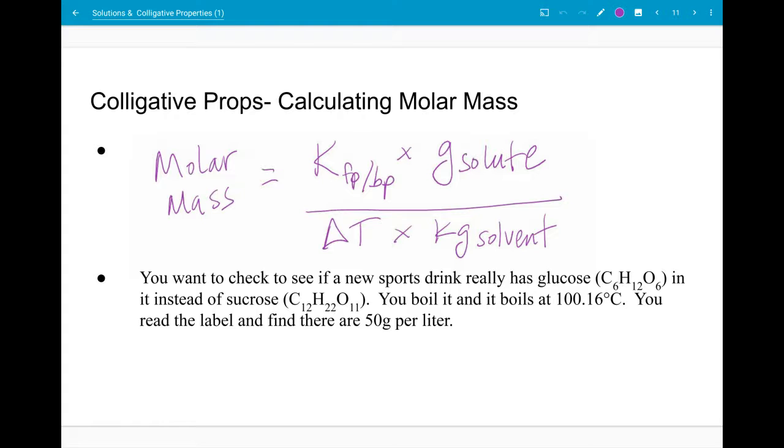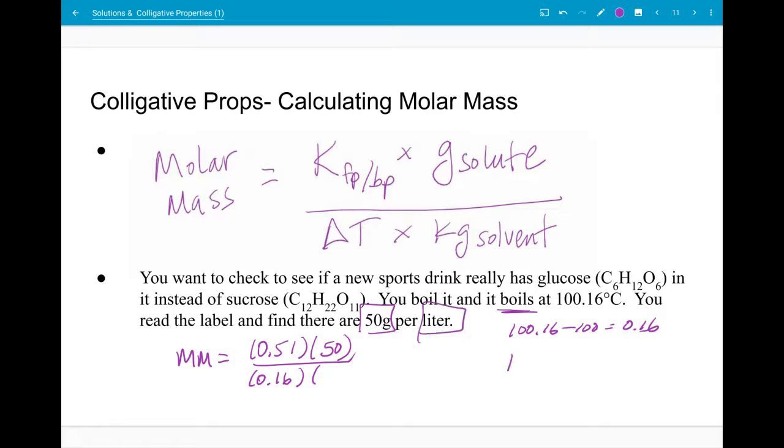So let's say you want to check to see if a new sports drink really has glucose in it instead of sucrose. You boil it, and it boils at 100.16 degrees C, and you read the label and find there are 50 grams per liter. So for molar mass, since we boiled it, I'm going to use the boiling point constant. Grams of solute is 50. My delta T is going to be 100.16 minus 100, so it's 0.16.